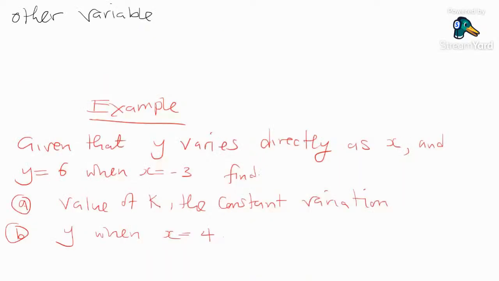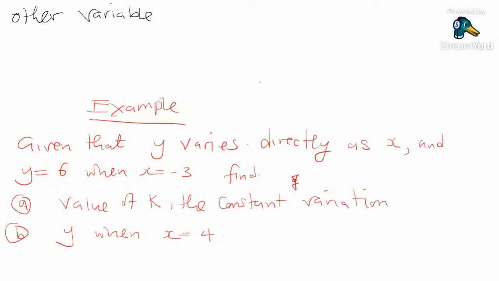Now, example here: given that y varies directly as x, when y is equal to 6 and x is equal to -3, find the value of k, which is the constant of variation.